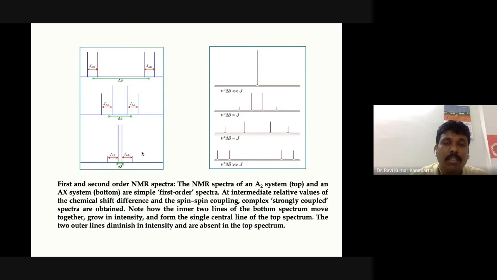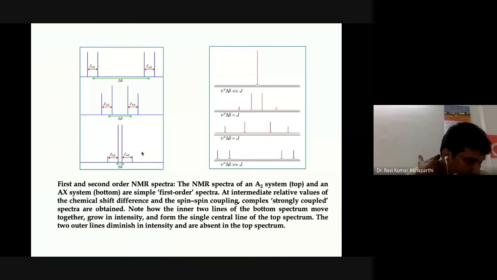And when the coupling is very strong, the individual NMR peaks are no longer what you expect earlier. They interact, and as a result their signals get modified, the outer lines reduce their intensity, and the inner lines increase.